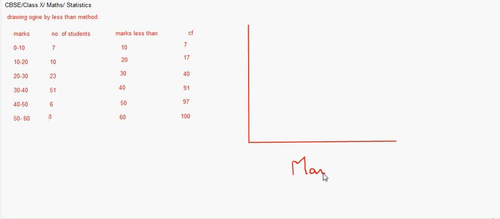Here you will write the marks: less than 10, less than 20, less than 30, less than 40, 50 and 60. On this side you will write the cumulative frequencies. I can take 10, 20, 30, 40, 50, 60, 70, 80, 90, 100, because your cumulative frequency range is 100.